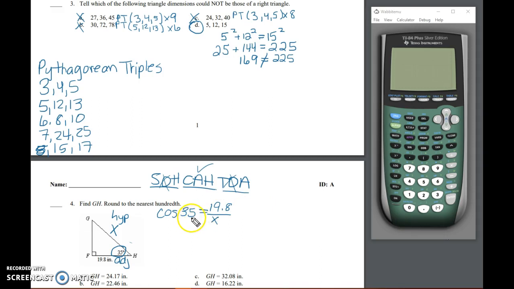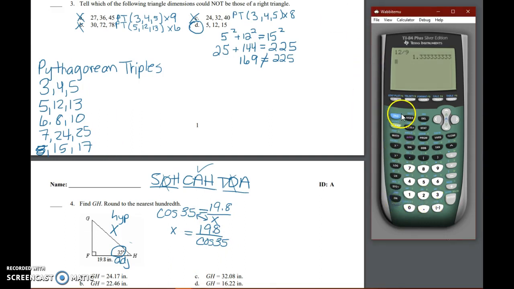Okay, now if I cross multiply and divide, what we noticed when the variable was in the denominator is that these two just switched places. So when I cross multiply and divide, x moves over to the left, 19.8 stays the same, and cosine 35 moves down. Now I'm ready to input it into my calculator.